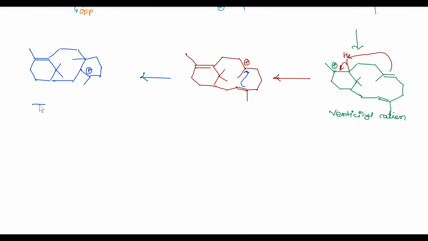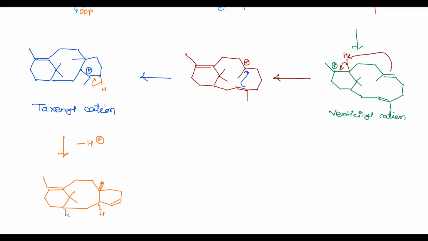This cation is called taxadiene cation. So the next step, loss of this proton takes place and we get taxadiene. Here is a double bond. This is all about the biogenesis of taxadiene.